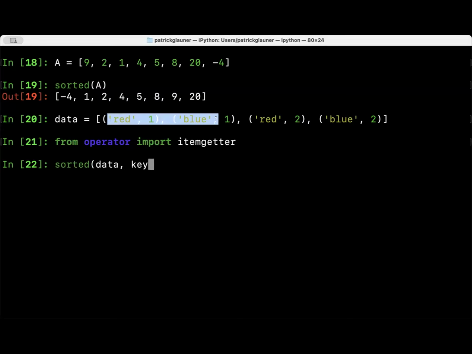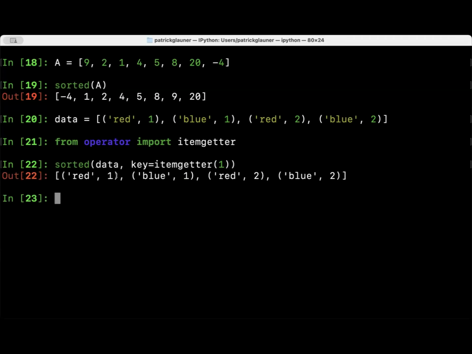So which element in the entry is the key? And we can say, well, the item getter should look into an element which has multiple entries, and within the element, look into index 1. So index 1 would be this one, this one, this 2, because index 0 is the string. So we could sort this based on the integer.